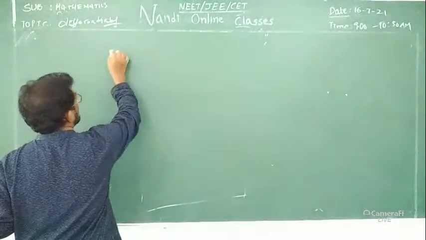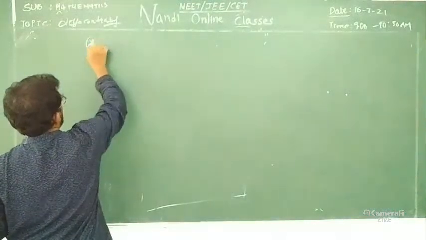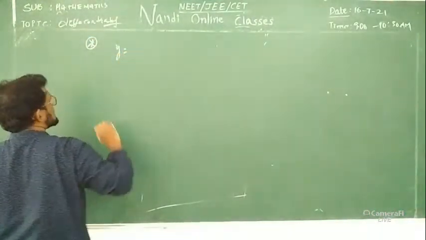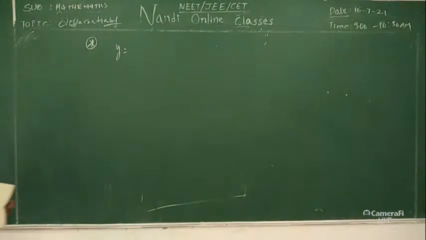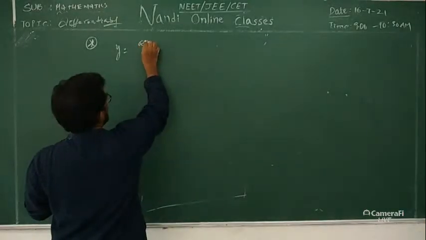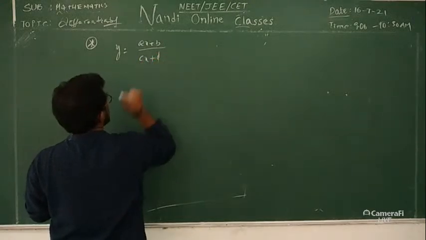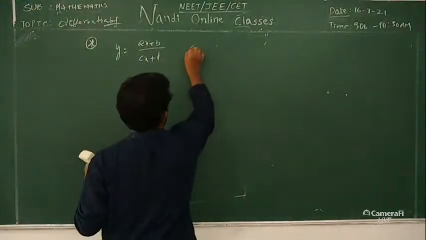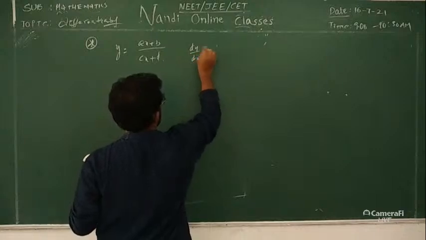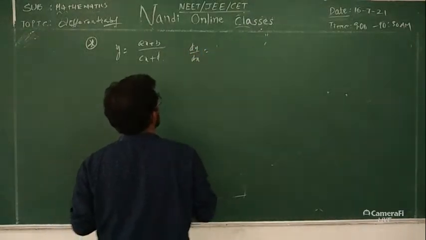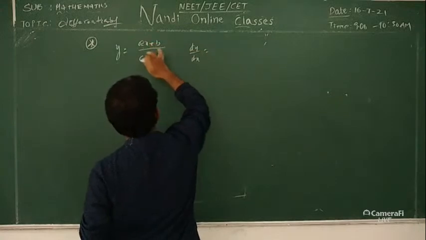One more model, second model. If y is equal to (ax plus b) by (cx plus d), then find dy by dx. It's just AD minus BC.